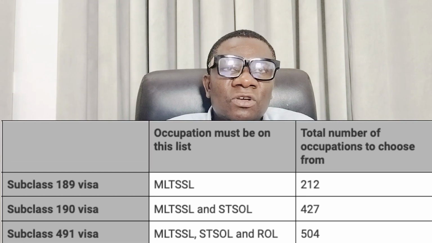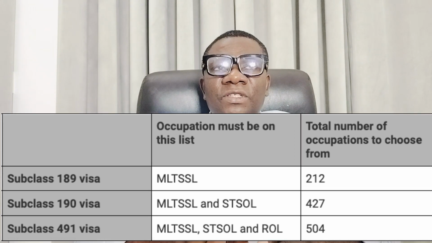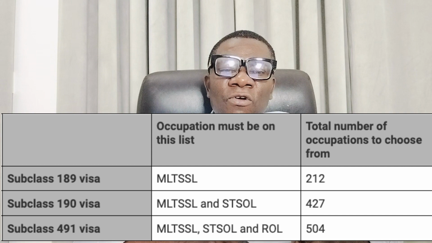So you look at all these options, which of them you meet the requirements for, and which will be easier for you. You can go back to look at the requirements for each of these visas. Then it becomes a well-researched platform for you to apply for the 190 or some other visa, which you might later find out is quite easier for you.